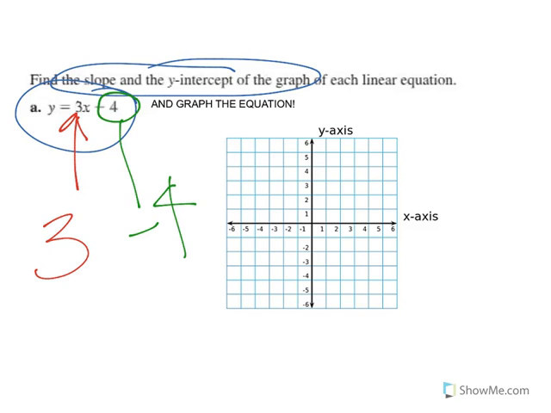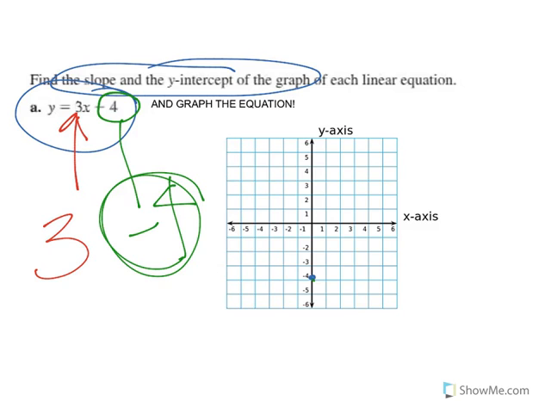Okay? We're going to start at our y-intercept. So we are going to put a point on the y-axis at -4. Maybe I should use a different color.